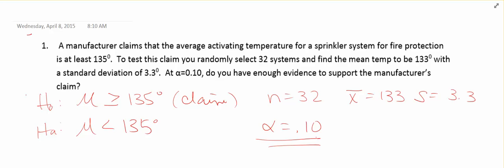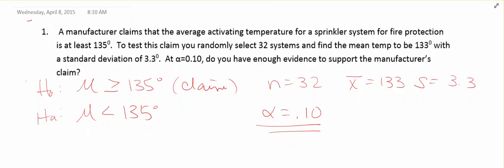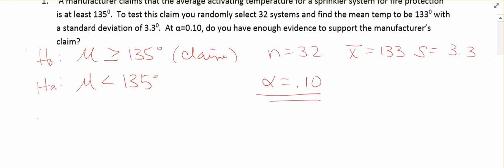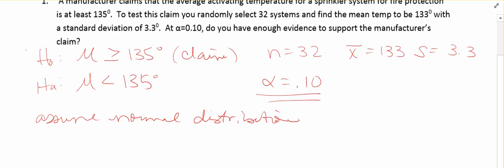So basically what we do is what we've already been doing, and we find a z-score or t-score based on what's going on. We do have to make an assumption here, so we're going to assume that we have a normal distribution because the problem did not give it to us. And Ms. May is pretty bad about that, but my stat lab is not. They're very specific: assume normal distribution.